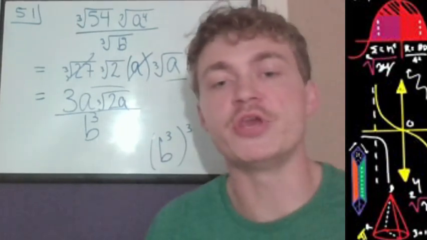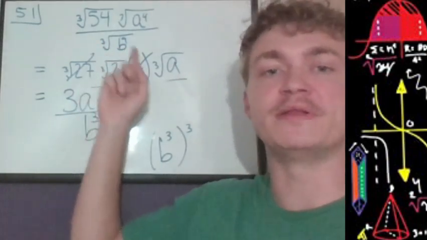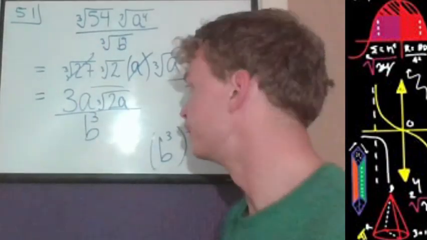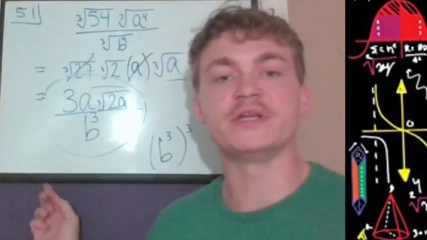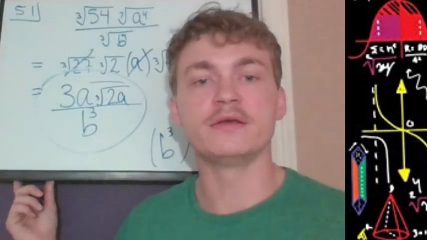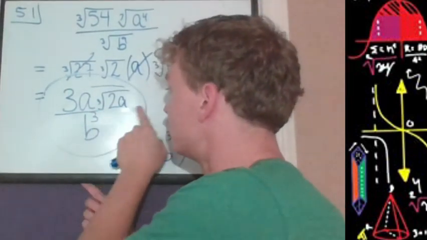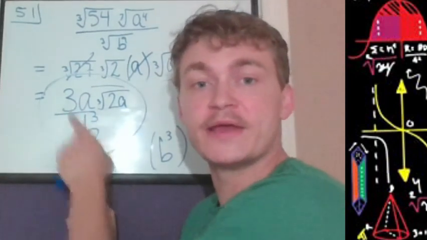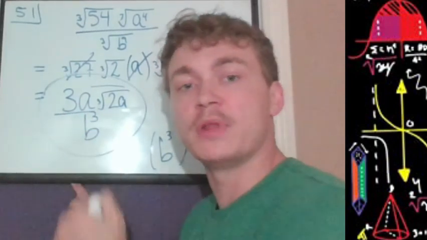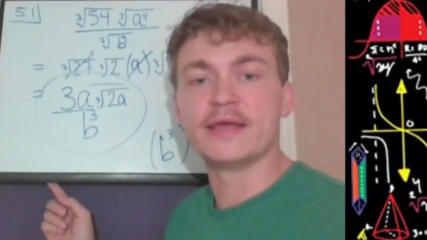Thus, because you cube b cubed in order to get b to the 9th power, the cube root of b to the 9th is b cubed, giving us our simplified radical expression here of 3a. And again, if you want to write this in terms of a radical expression, write it as the fraction 3a over b cubed multiply the cube root of 2a, where our new radicand is 2 times a.